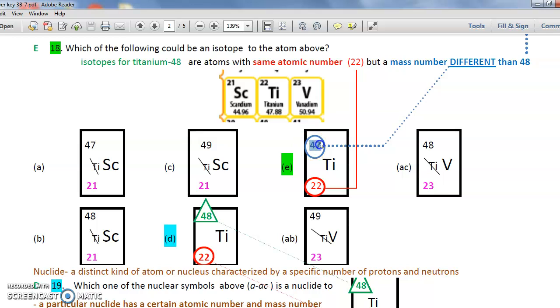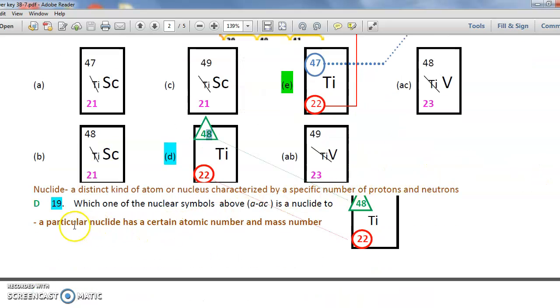Isotopes, again, different number here, same number there. What is the one that has the same number? Same number. Oh, yes. Those are called nuclides. Nuclides are atoms of the same element characterized by having the same number of protons and neutrons. So on number 19, they're asking us, which one is a nuclide to titanium-48?